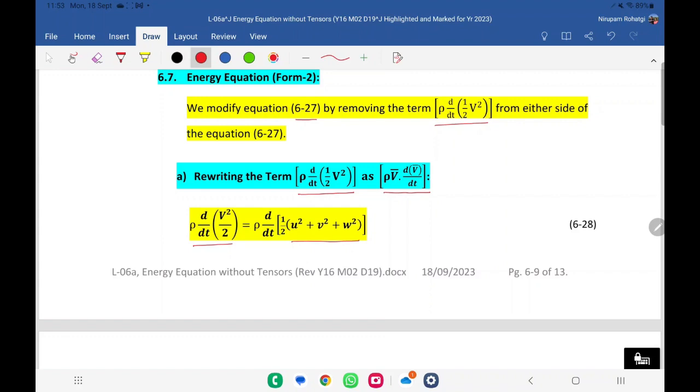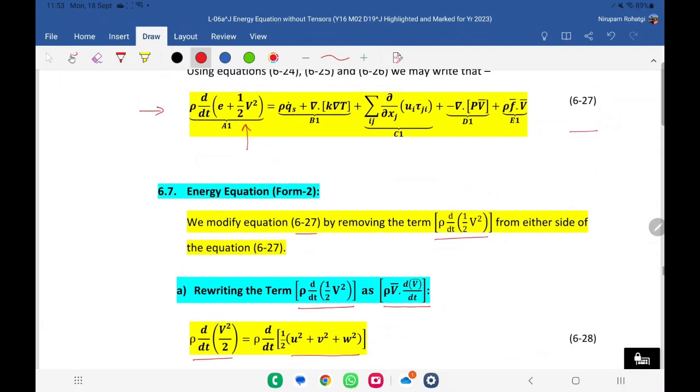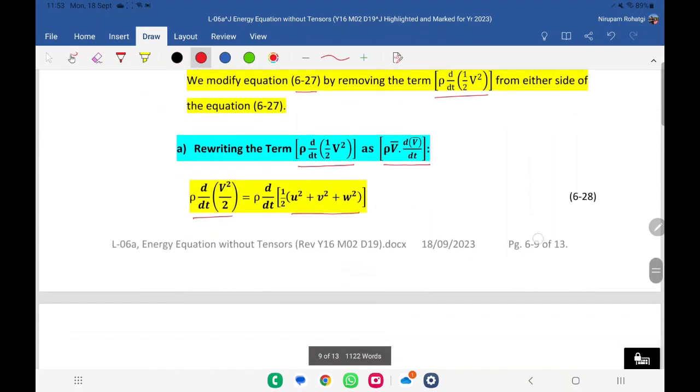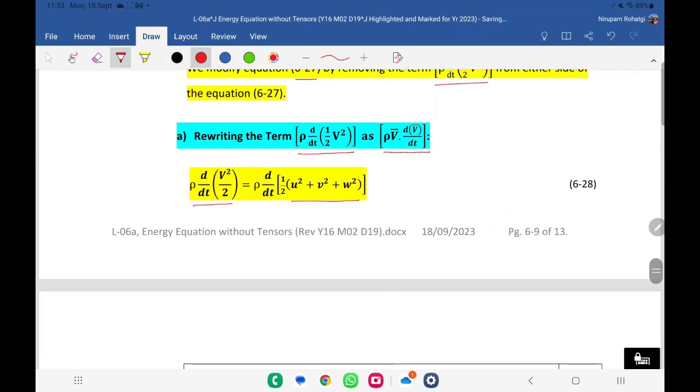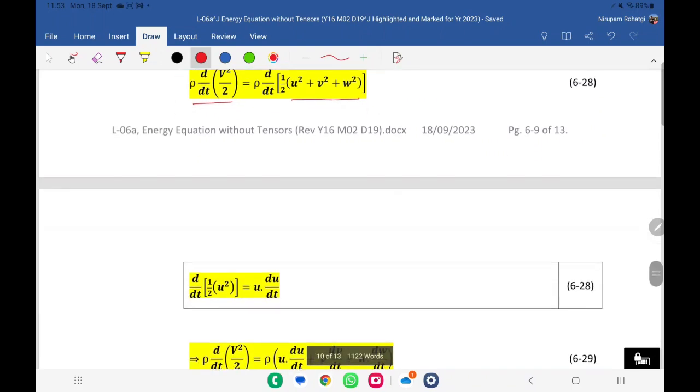This v is a vector, where every v here is a vector. We have combined all three in vector form. But this is v square, so v square is a scalar, and v square is equal to the sum of u square plus v square plus w square, the kinetic energy.